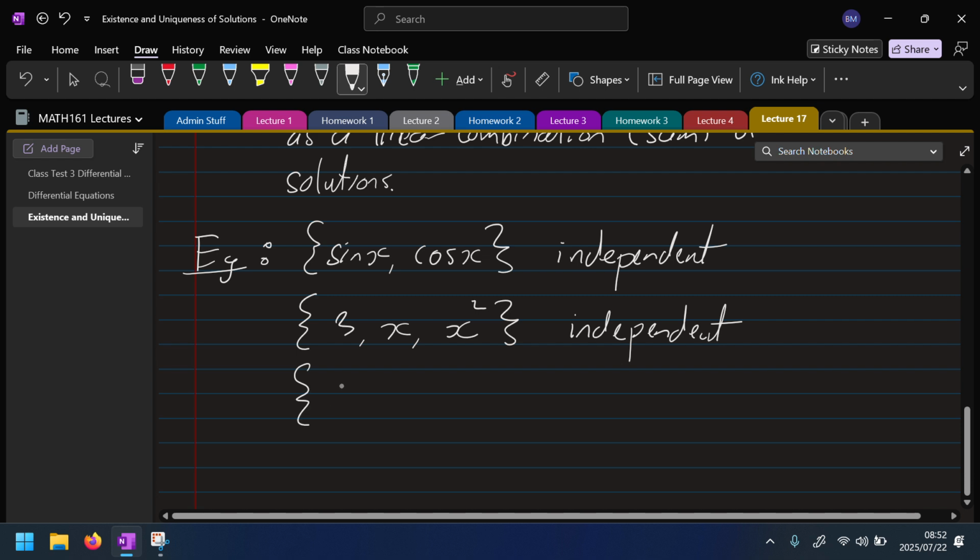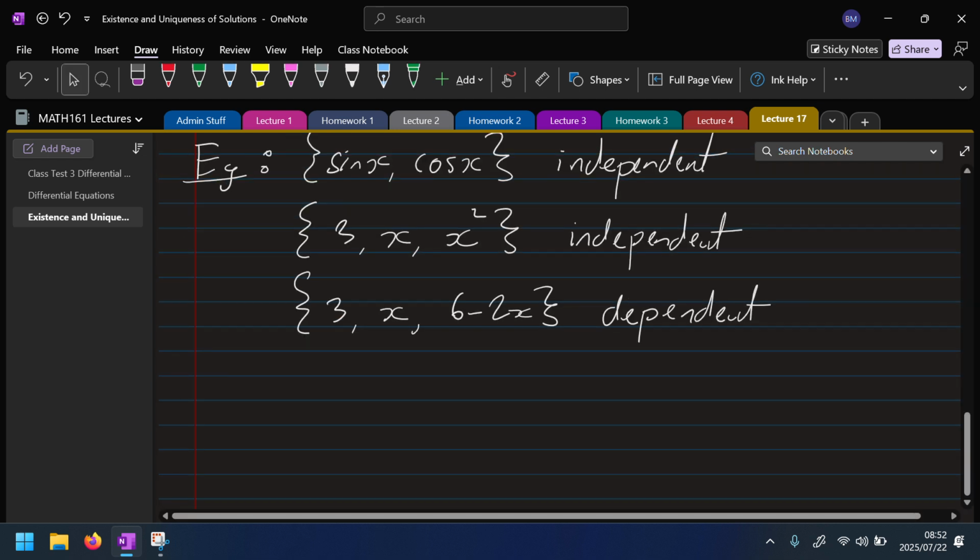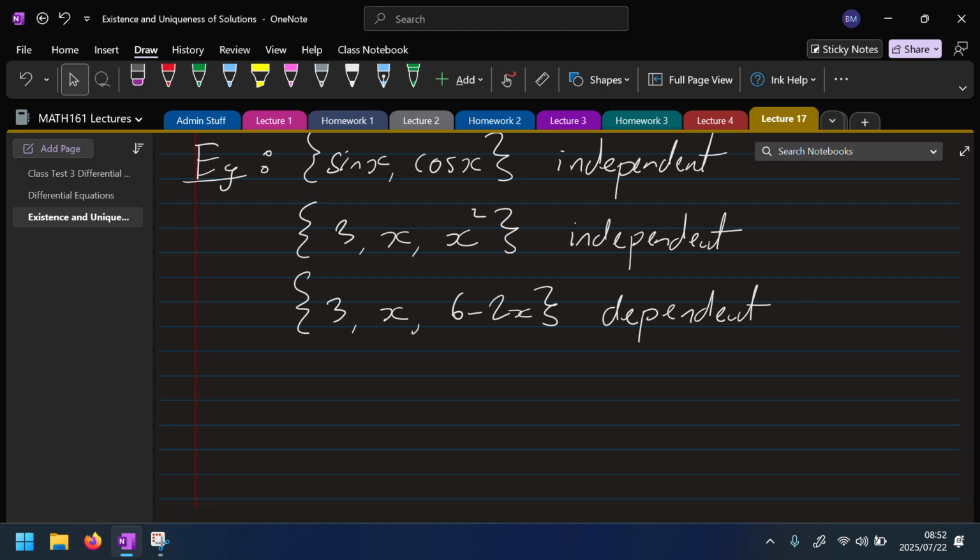And the last example, we have 3x and 6 minus 2x. This is dependent. Why? Well, because 6 minus 2x, we can write it as 2 times the first thing minus 2 times the second thing. That is a linear combination of what's in the set, and so it cannot be independent. So here 6 minus 2x, that is 2 times the first thing minus 2 times the second thing.